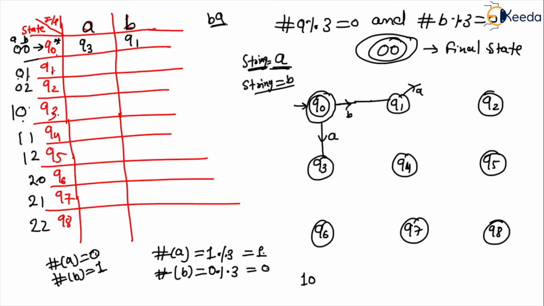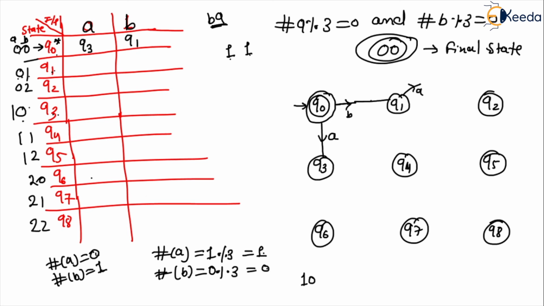So in this string, how many A's are there? Just check how many A's. Exactly one. How many B's? Exactly one. So the number of A is one and the number of B is one. When you divide the number of A and the number of B by 3, the remainder is also 1. Means when we apply the input A on the Q1 state, it goes to the state whose remainder is 1.